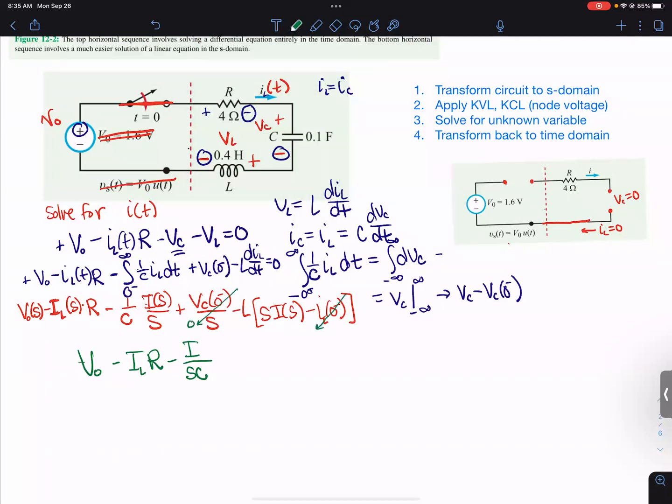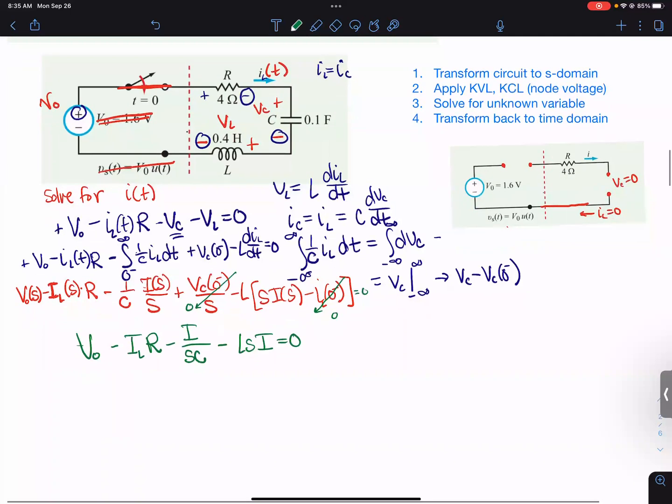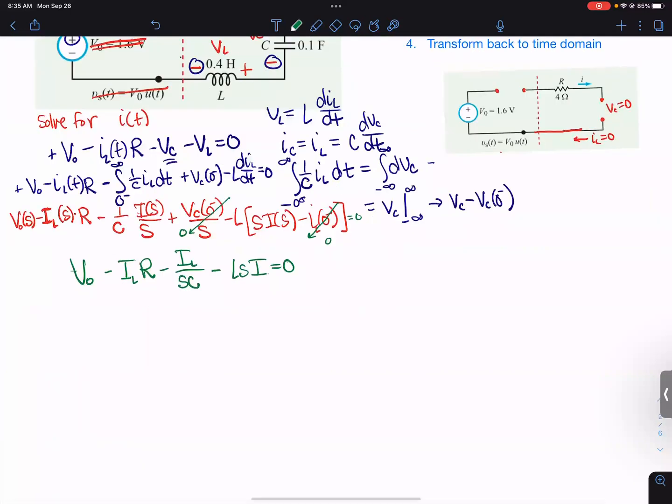This one becomes 0. Forgot the 0 over there. Minus ILS. So now this is much easier to find. Sorry, these are ILs. IL here. So IL is going to be V naught over R plus 1 over CS plus LS.